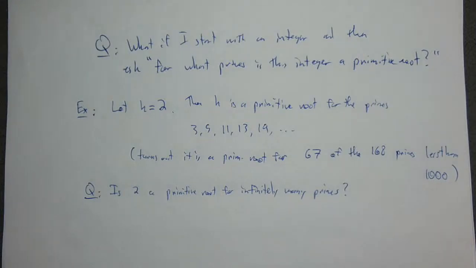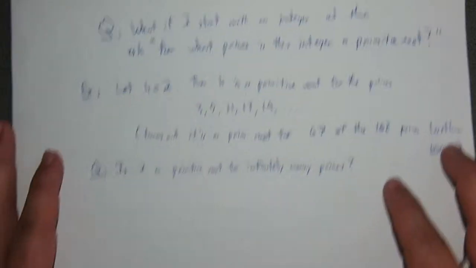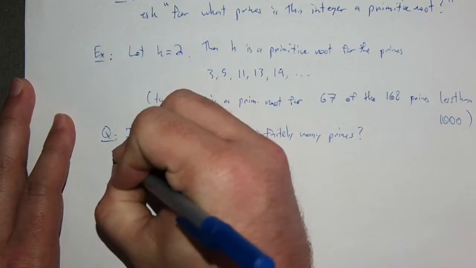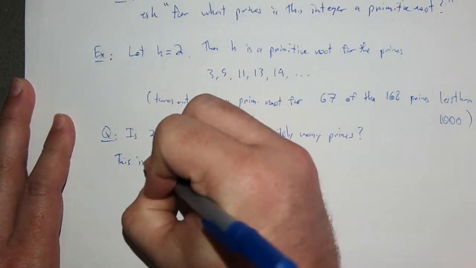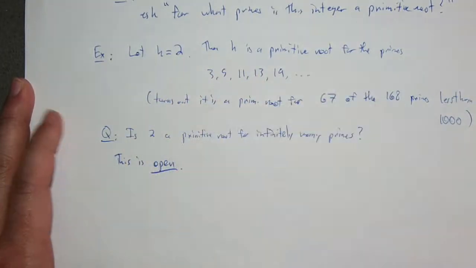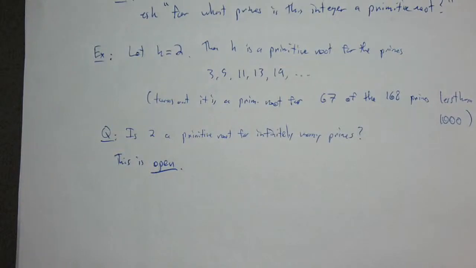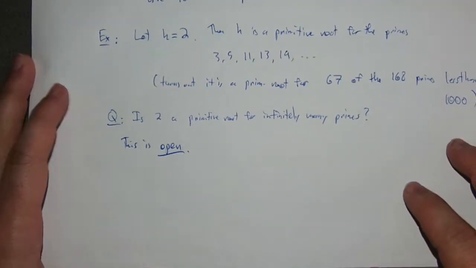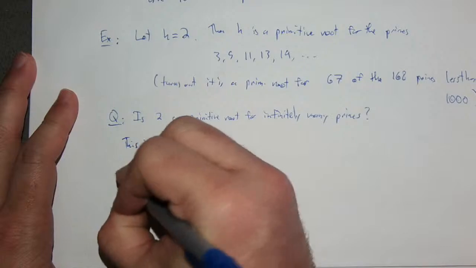For instance, the example given in the book is to consider the list of 3 primes: 2, 3, and 5. By that result, at least one of those is a primitive root for infinitely many primes, but you can't say which one. So this is open.